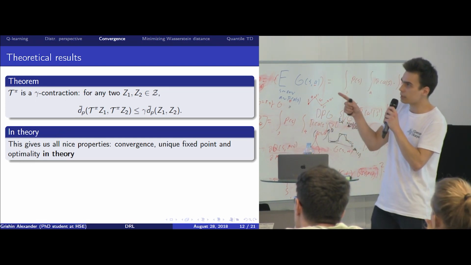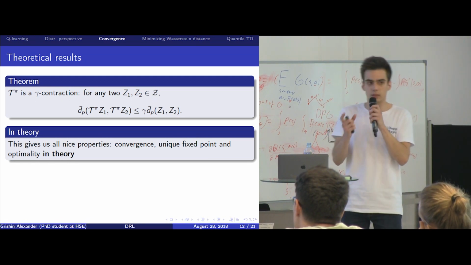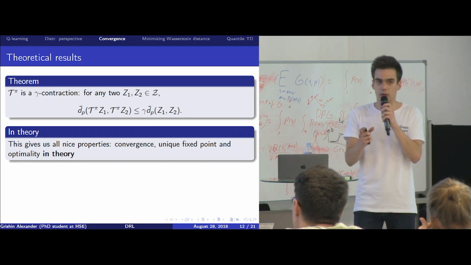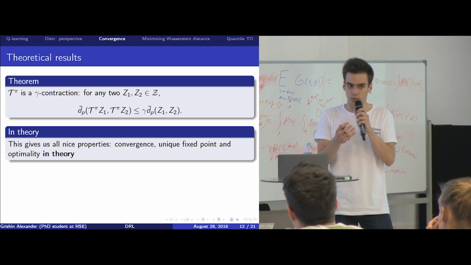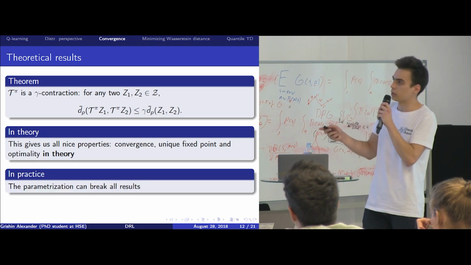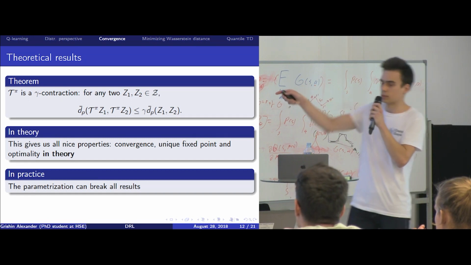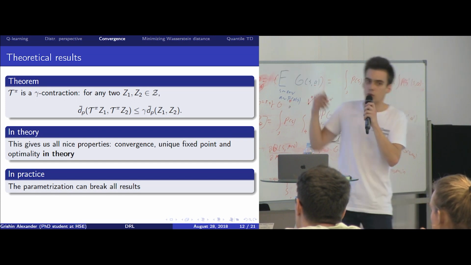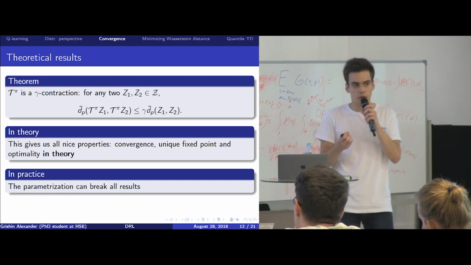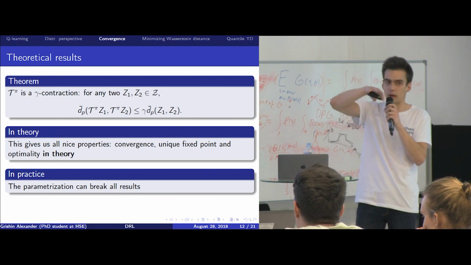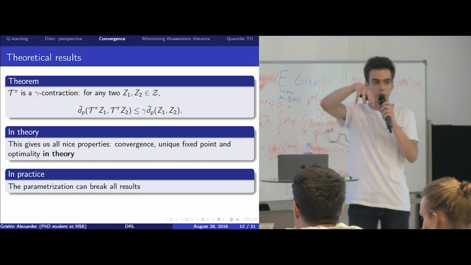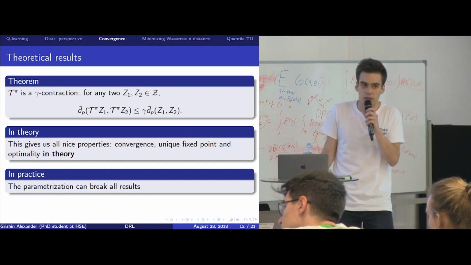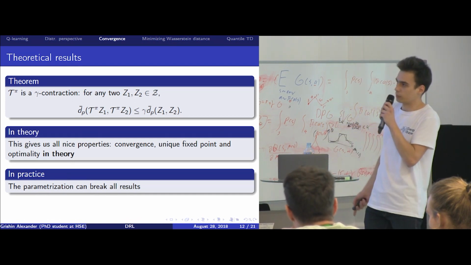But in this case, we should somehow represent a distribution, and this fact necessarily comes with some approximations. And these approximations can break all these results. So, for example, we apply the distributional Bellman operator, then we project onto our parametric family of distributions. And after that, it can be a contraction, or it cannot be; this is the big question.